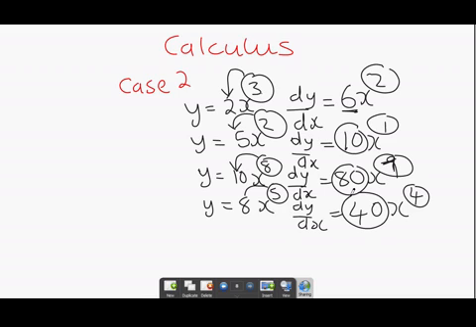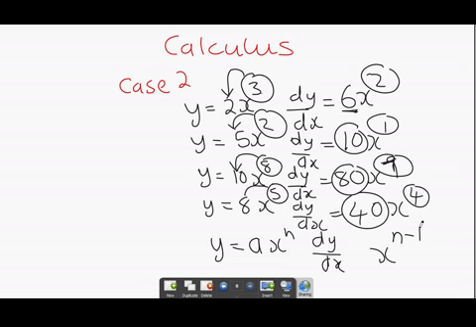Now, if you have assessed that, and let's say we had y is equal to ax to the power of n, what would our differential be? In this case, our differential would be dy/dx, and we said the exponent is reduced by 1, so our exponent is n, so we're going to subtract 1.